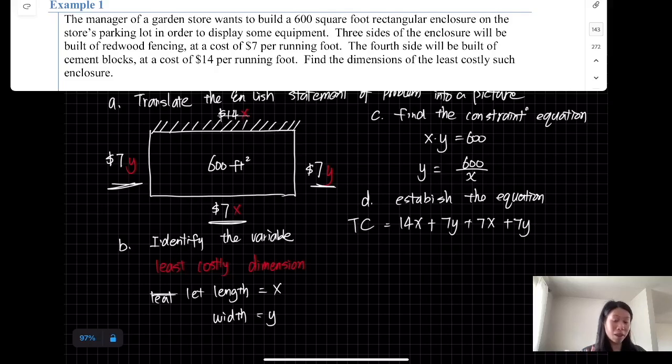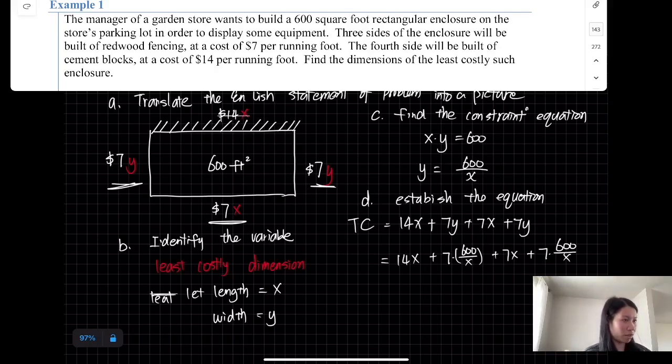Okay. So again, there are two variables. We want to substitute y equals 600 divided by x into the function. So I have 14x plus 7 times 600 over x plus 7x plus 7 times 600 over x. Okay, so now let's simplify it.